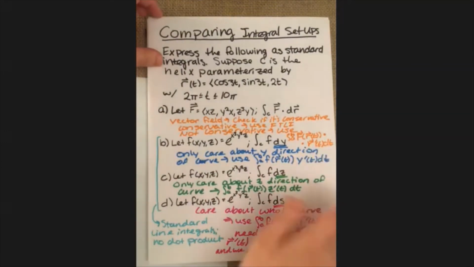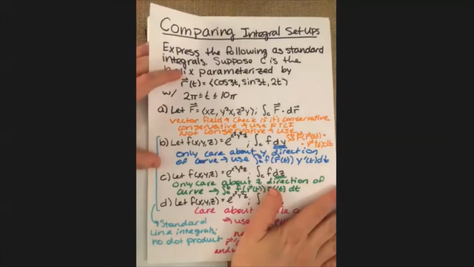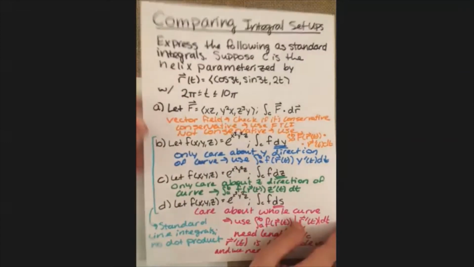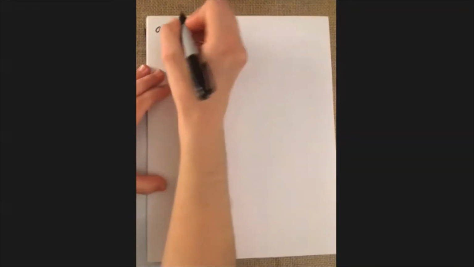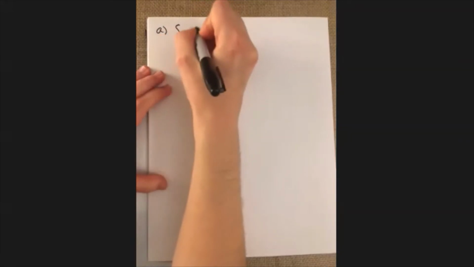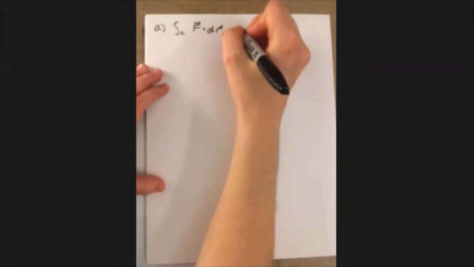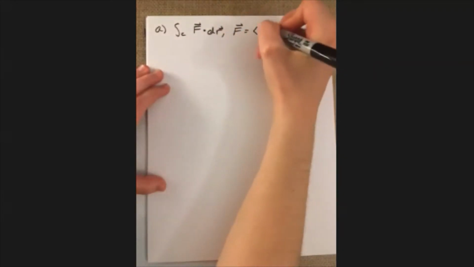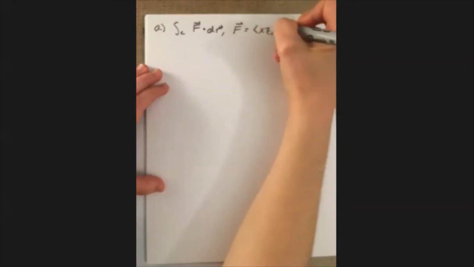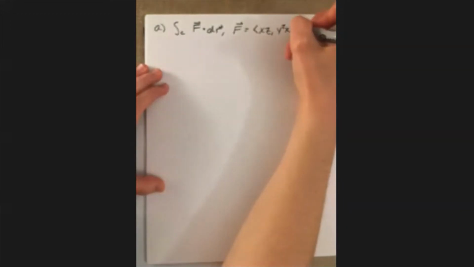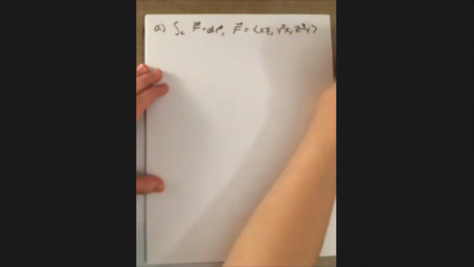Okay, let's go through and actually work these out. We're going to use these ideas that we've talked about here. So for part A, we were told that we're finding the integral over c of f dot dr, where f is the vector field xz, y squared x, and z cubed y.